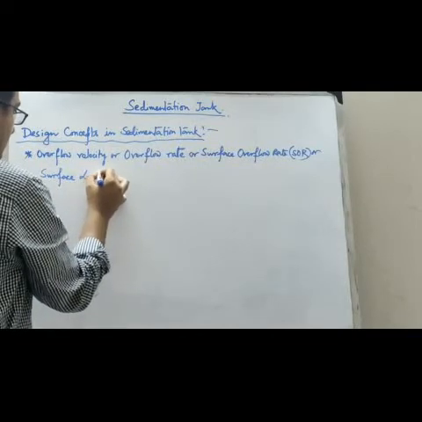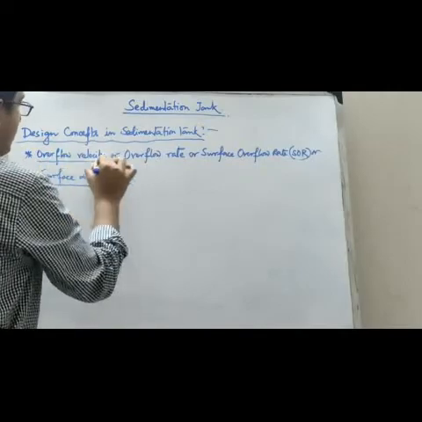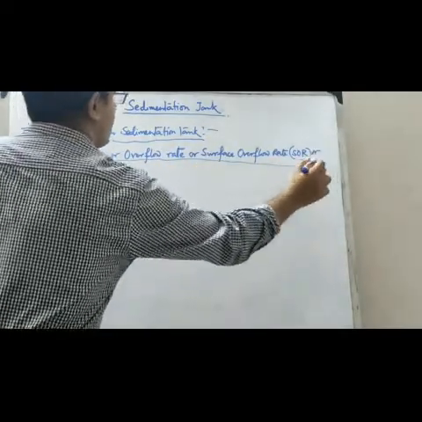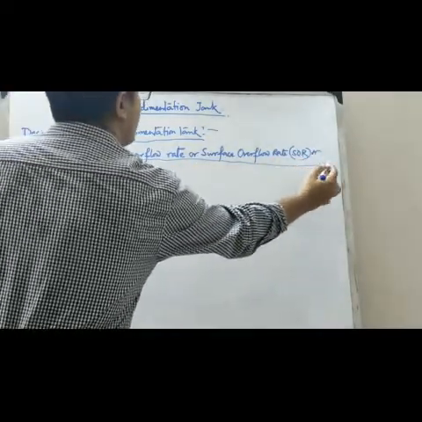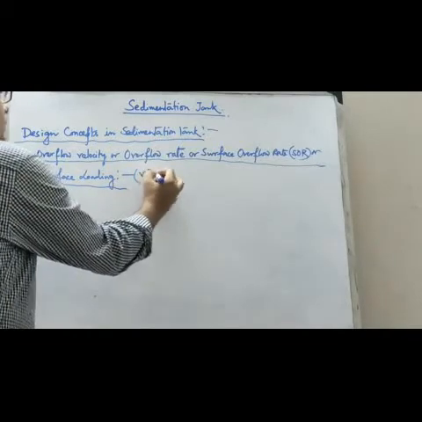It has four nomenclatures. This term is very important in the case of a sedimentation tank. It is represented by the symbol V0.